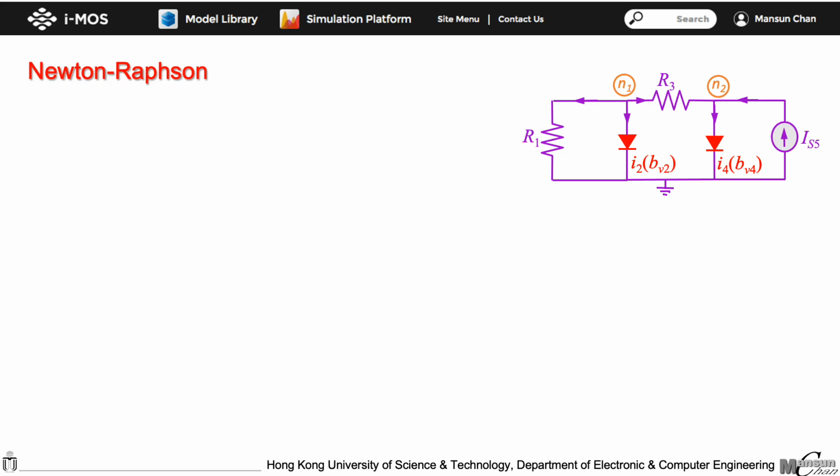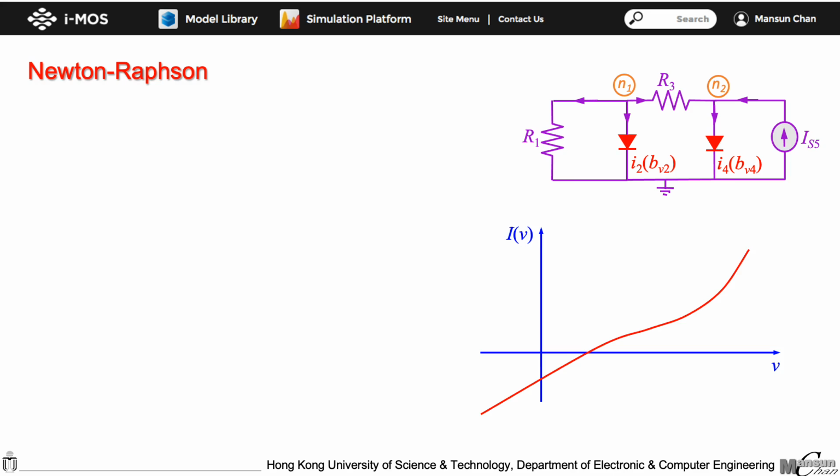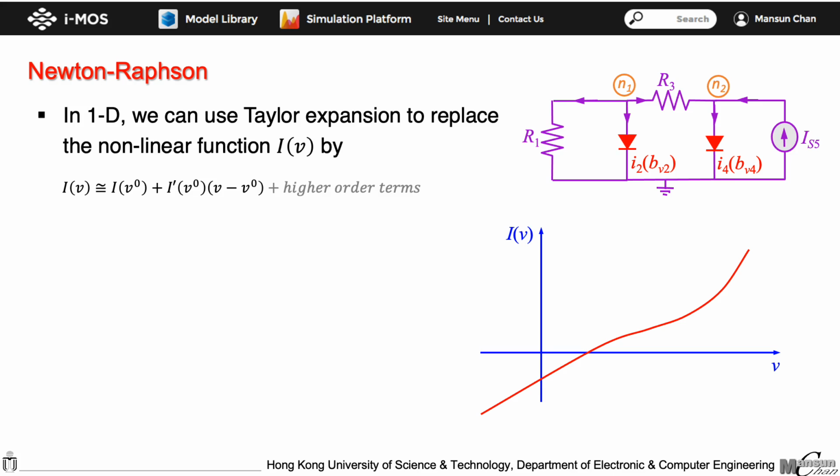Let's spend some time to understand the Newton-Raphson method. It is easier to illustrate the process in 1D, and then extend the concept to multi-dimensions. For a single variable function of current in terms of voltage, we can perform Taylor expansion over a point V0. It results in the following expression.